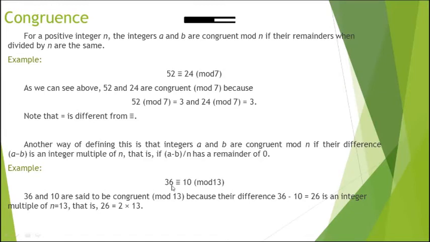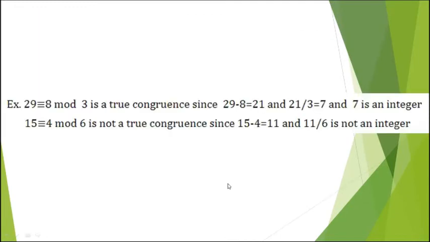Kaya tinawag nilang congruence. Dito sa una, congruent sila pag pareho yung remainder po nila. Sa pangalawa, pag sinubtract mo yung dalawang number at i-divide mo siya sa n, dapat walang remainder para maging congruence sila. So example dito, 29 is congruent to 8, mod 3.